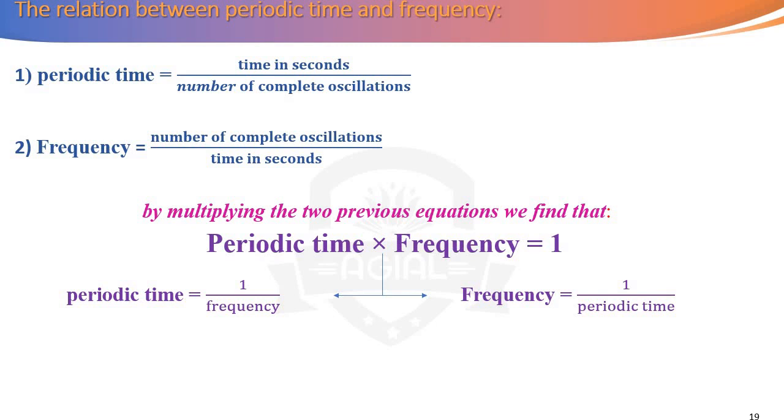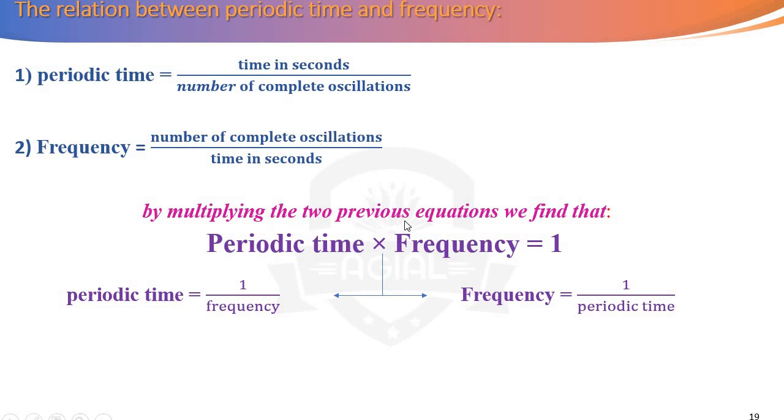The relation between periodic time and the frequency can be calculated from the relations. Number 1, periodic time equals time in seconds over number of complete oscillations, while frequency equals number of complete oscillations over time in seconds.